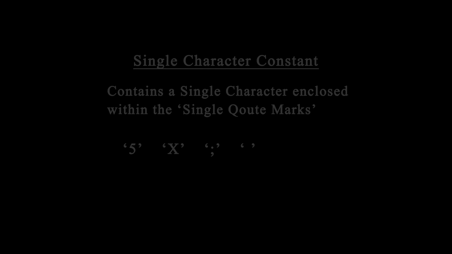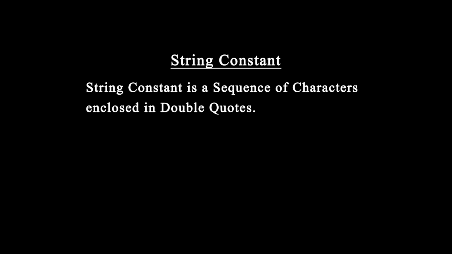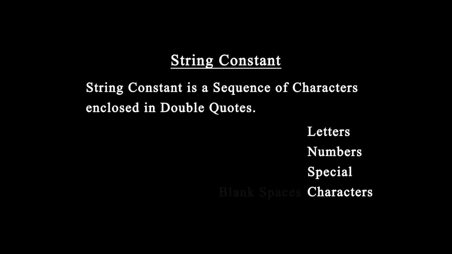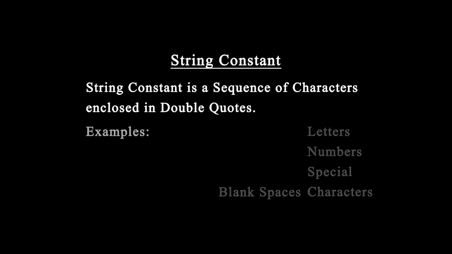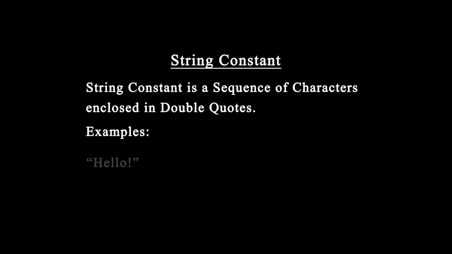Now let's move on to the string constant. A string constant is a sequence of characters enclosed in double quotes. The characters may be letters, numbers, special characters, and a blank space. Like in double quotes, if we write hello, or in double quotes, if you give an integer value as well, it will be recognized as a string constant inside the quotes.